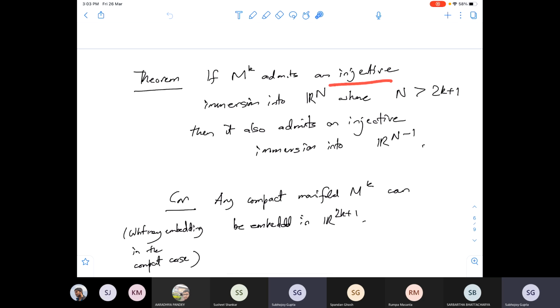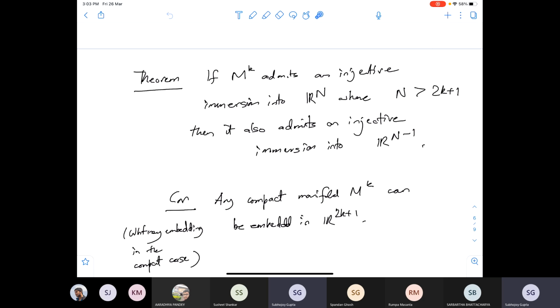As long as you have an injective immersion into Rn, n large enough, then there also exists an injective immersion to R^(n-1). And you can apply this theorem repeatedly until you get to 2k plus 1.